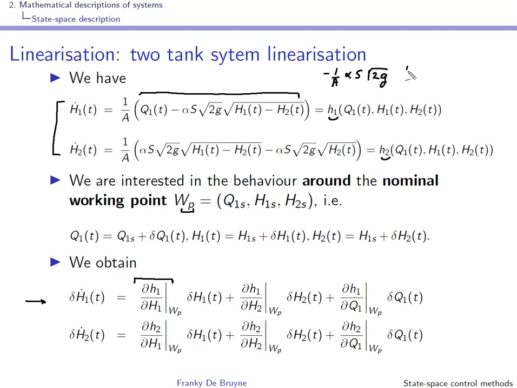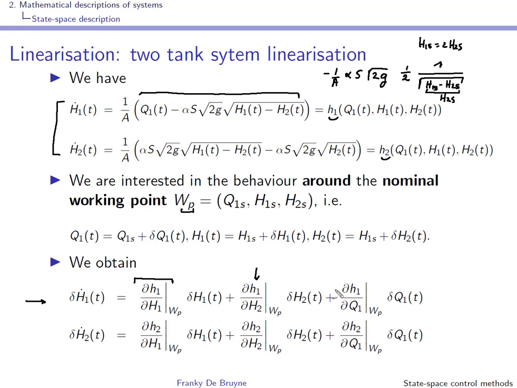So this will be a half 1 over the square root of H1 minus H2, and we have to evaluate this at the working point. So this will be H1S, H2S. You remember that H1S is 2 times H2S, so this will be here H2S. We have done this for this particular example, and you can do this for the other ones.